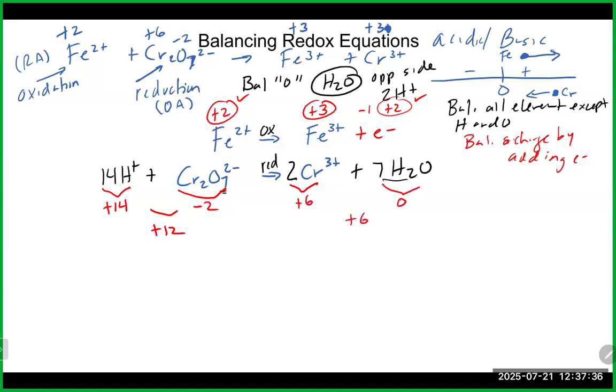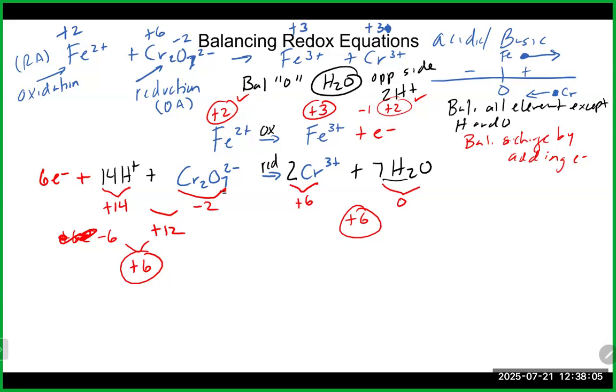I got a +6. So in this case, we would actually need to add 6 electrons to the left-hand side of the bottom reaction. And those 6 electrons are going to give me -6. And that will give me a +6 over on the left to match the +6 on the right.